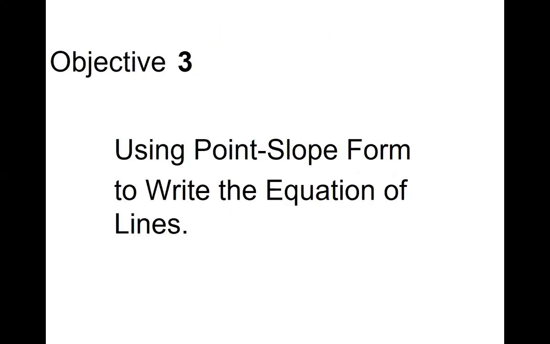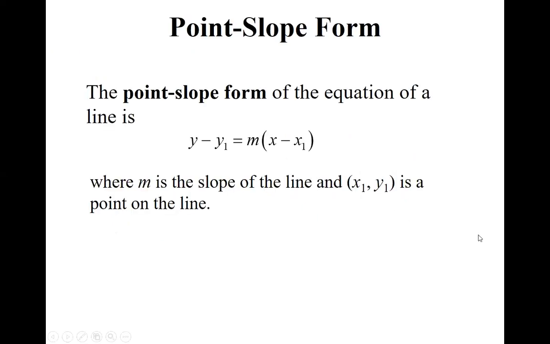Objective 3 in this topic: using point-slope form to write the equation of lines. So what is point-slope form? Point-slope form is y minus y1 equals m times the quantity x minus x1, where m, as always, is the slope, and this time we have a point in the equation, x1, y1.